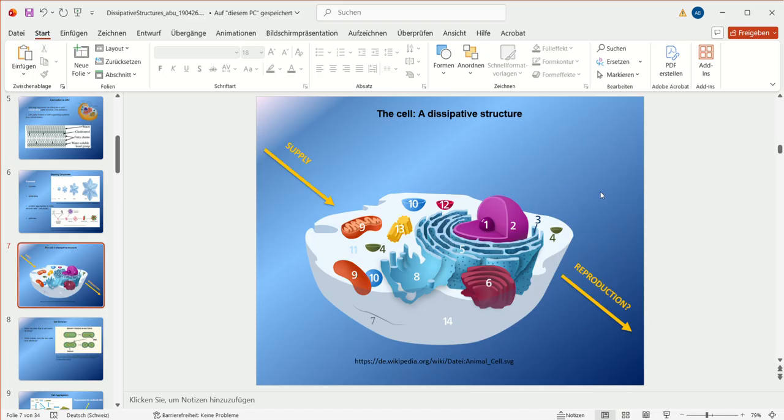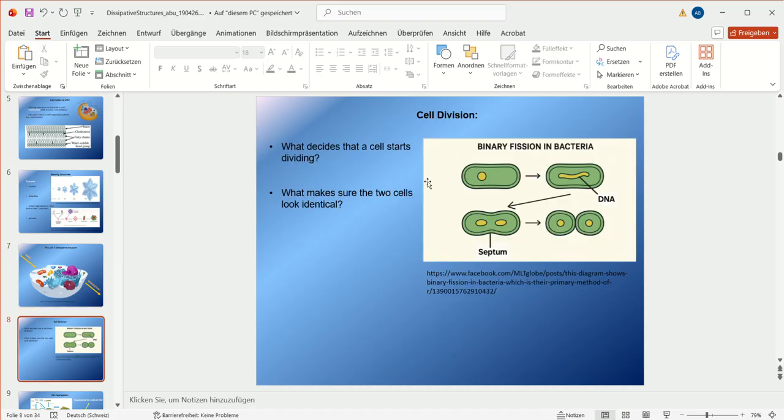But many things are not understood yet. And this is an example of a cell division. As I already mentioned, the cell can grow first and divide then, or it can divide and grow then.